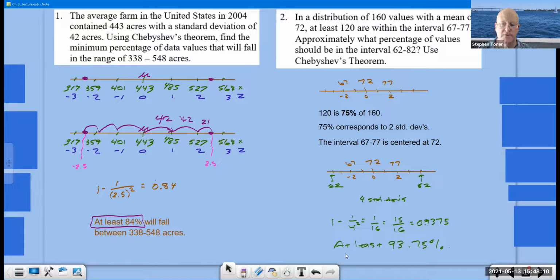So I'm going to write the phrase at least 93.75% will be within that interval from 62 to 82. I probably should have had a 1 right in there just for completeness. That's a 1 minus. Okay, moving on to problem number 3.